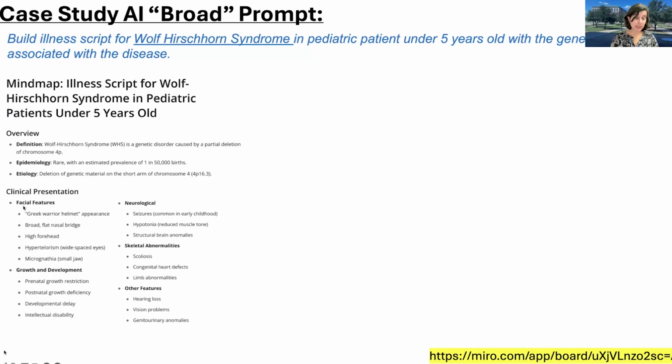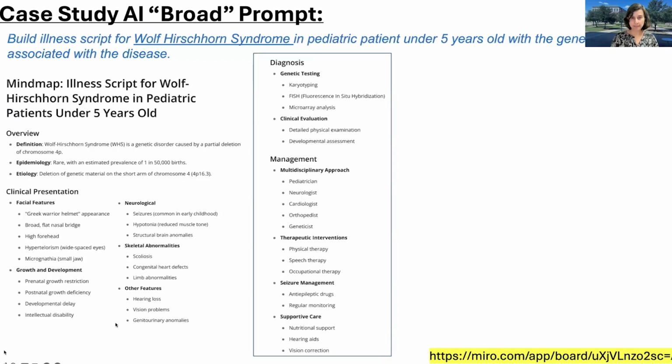So I mentioned previously the facial features, that Greek warrior helmet, and I'll show you more later. And then there are other abnormalities, neurological and muscle abnormality and developmental abnormalities. Then also, for medical students, it's very important that the first step is how the patient describes, in this case the parents describe, how the disease manifested.